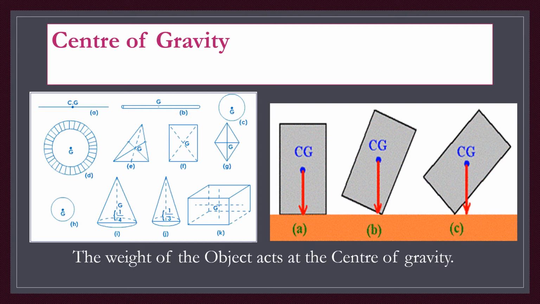When it comes to the circle, the center of the circle is the center of gravity. When it comes to the beam in figure B of the first picture, you will see the center of gravity is at the middle of the beam.